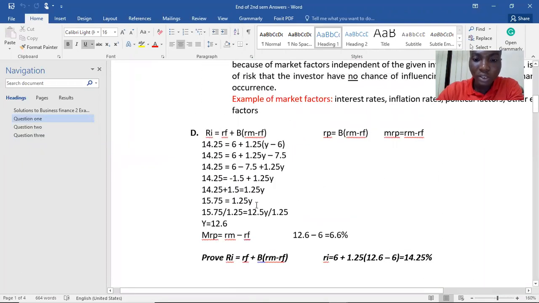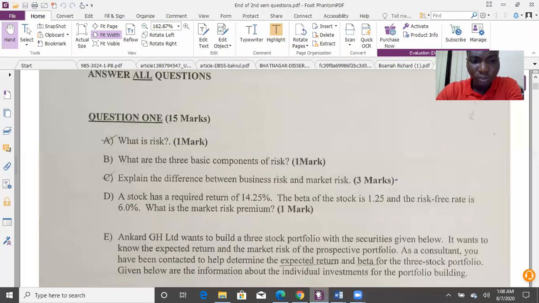So you find your market return, and then you fix it into the market risk premium formula to determine the market risk premium. So that is what we did for the very first question.